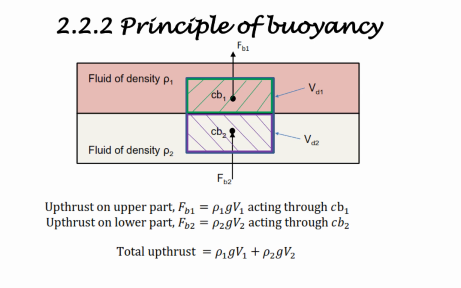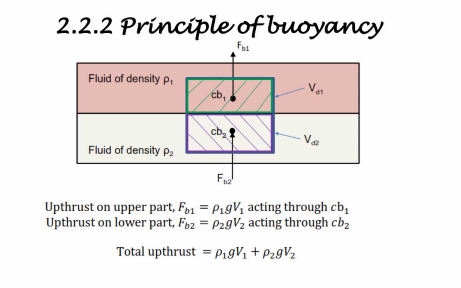Then this is the picture for the principle of buoyancy. Here we have different fluid densities and also different volumes, so we have two buoyant forces, one for the object below and one for the object above. To calculate the upthrust, which is buoyancy, we use density 1, gravity, and volume 1, acting at the center of buoyancy.